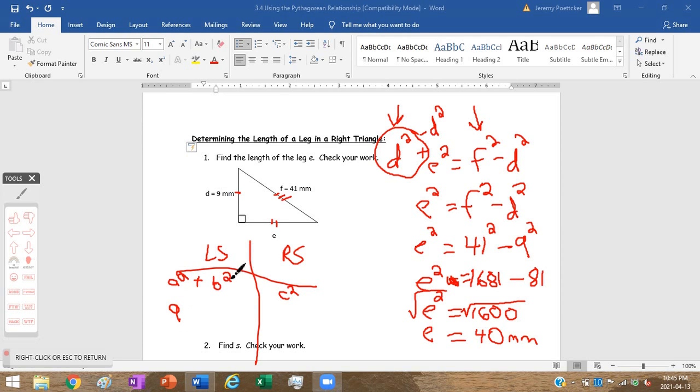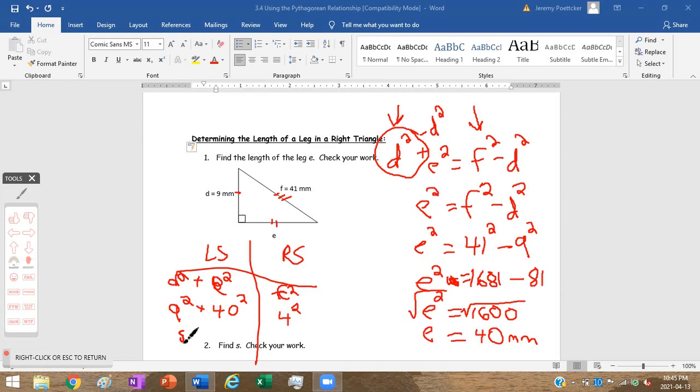That's going to be 9 squared. Actually, I should be using, let's try this again. D squared plus e squared should be equal to f squared. So here we've got 9 squared plus the number we came up with here, which is 40 squared, should be equal to 41 squared.